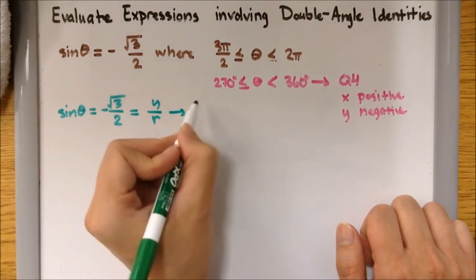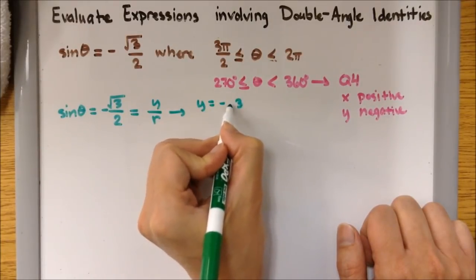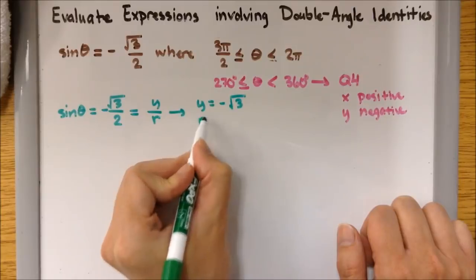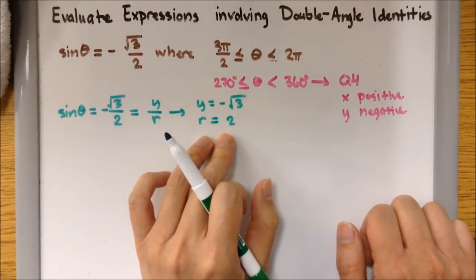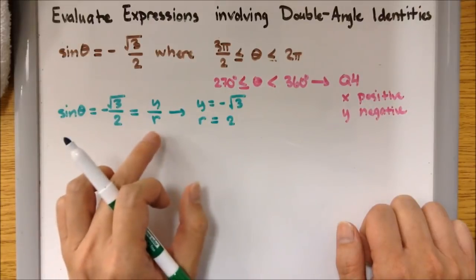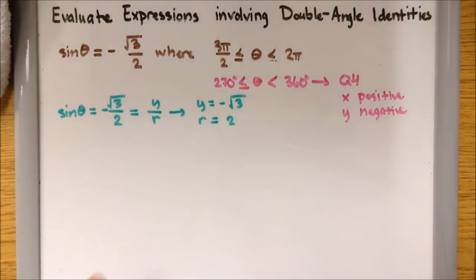So, therefore, y is negative square root of 3 and r is 2. Now again, r is always positive, so it's safe for me to say r is 2 and y is negative square root of 3.